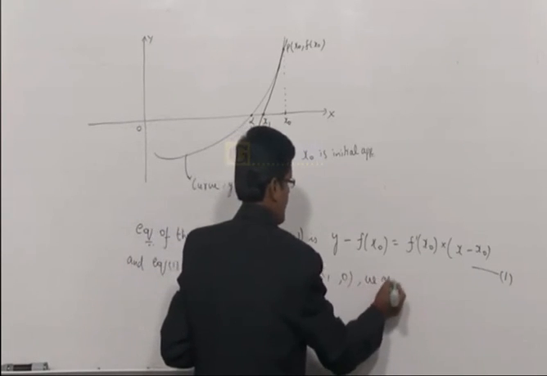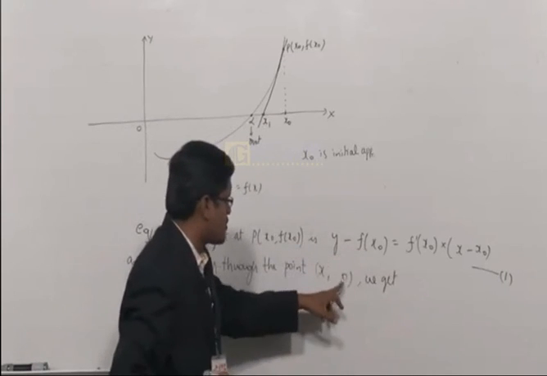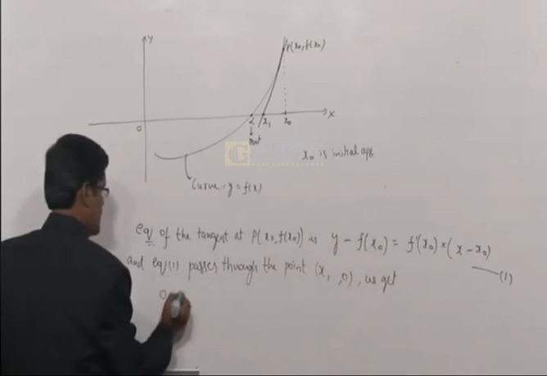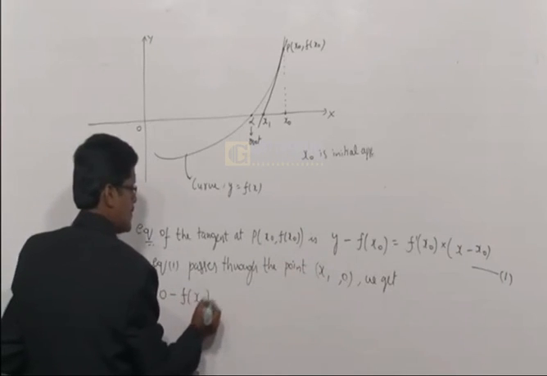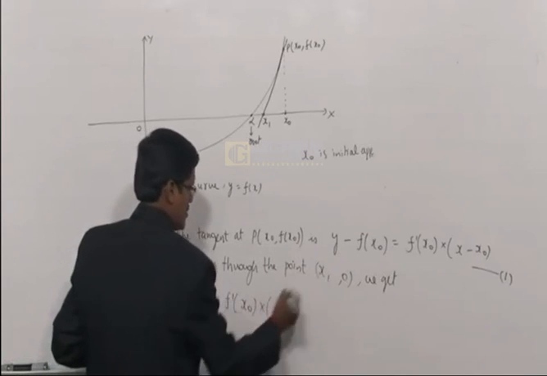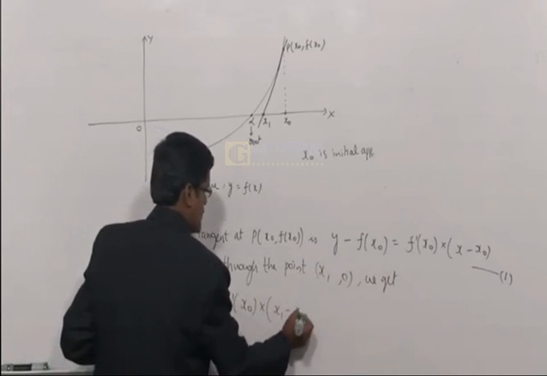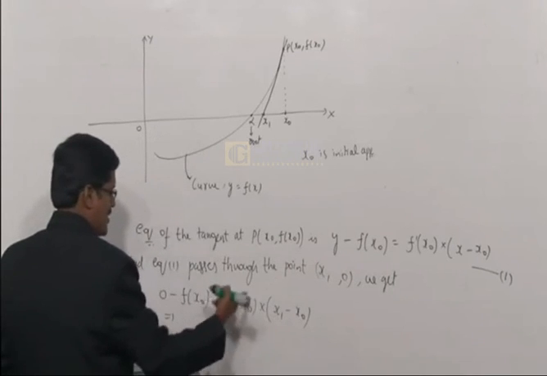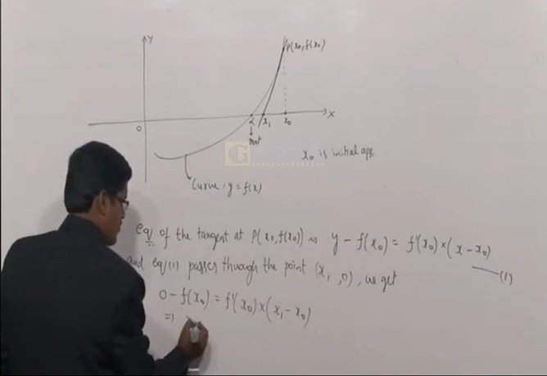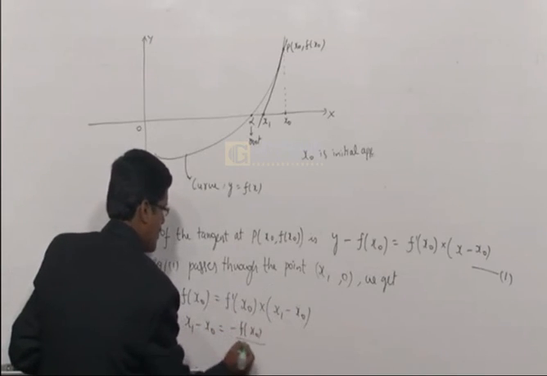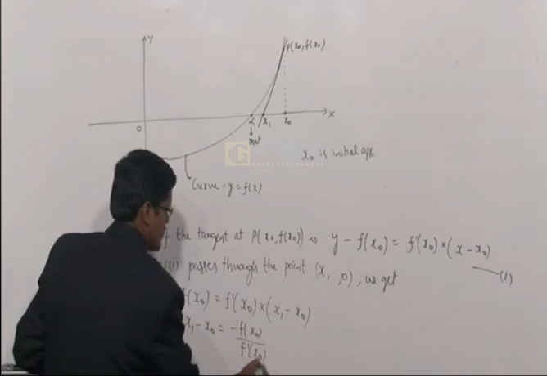In the above equation, substitute y = 0 and x = x1: 0 - f(x0) = f'(x0)(x1 - x0). Because we are going to find x1, bring all other terms to the other side. So x1 - x0 = -f(x0) / f'(x0).